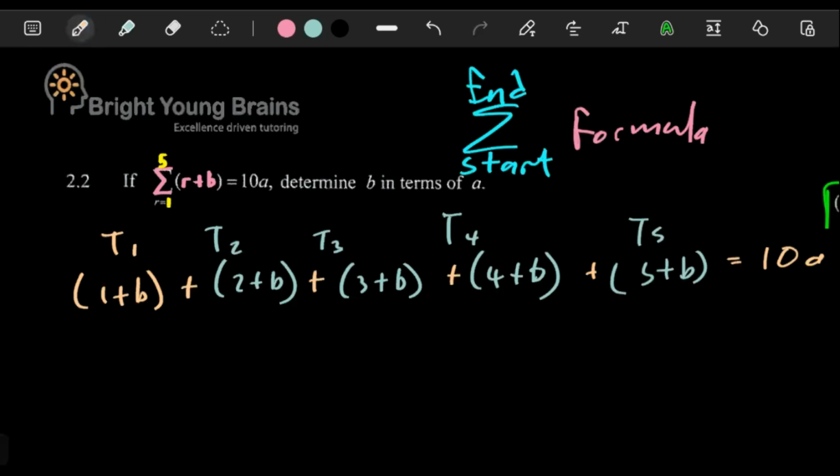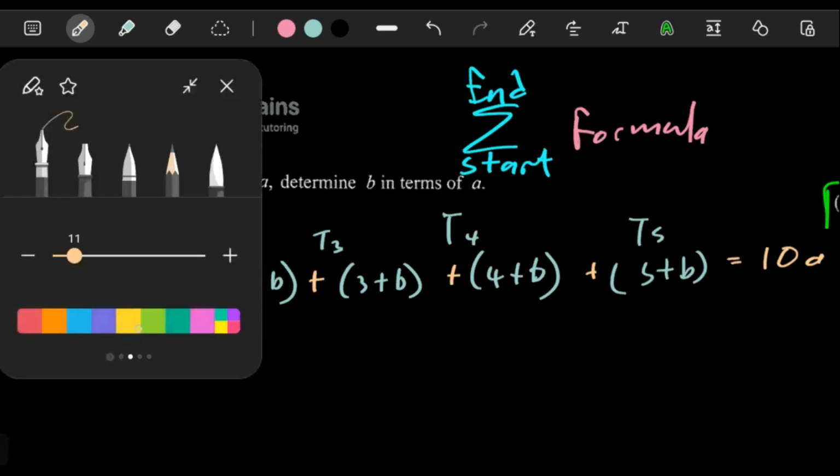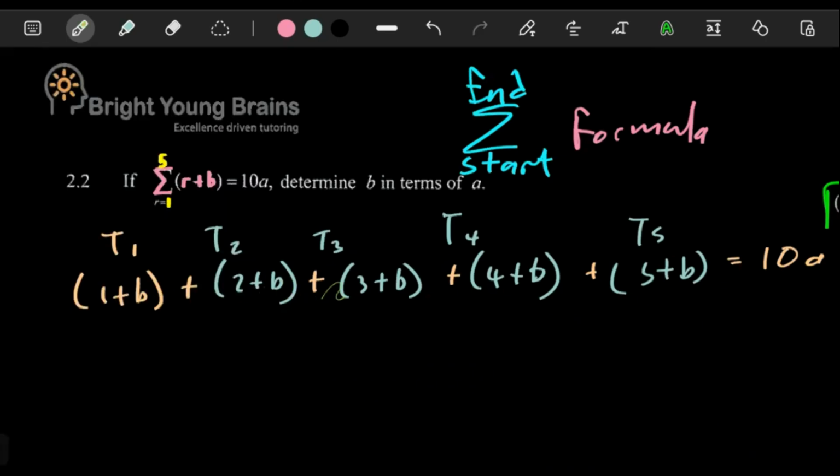Thinking of it nicely, it's 1 plus 2 plus 3 plus 4 plus 5, which is 15. And then here we have 5 b's, so plus 5b.